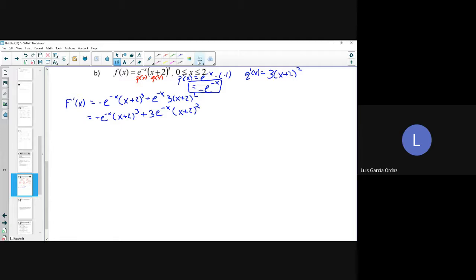So is there anything that I can factor out? What can I factor out from that expression?